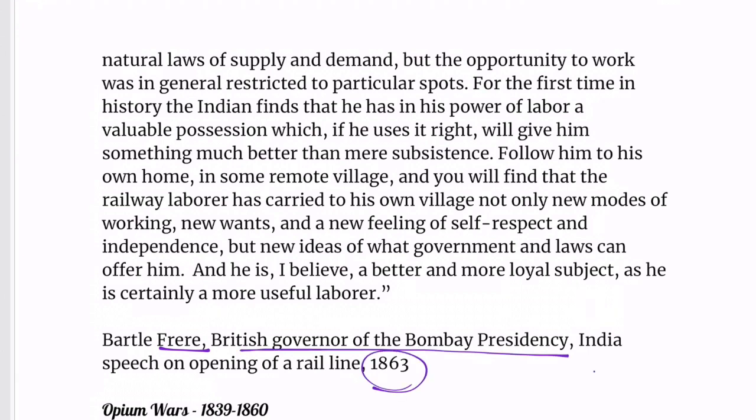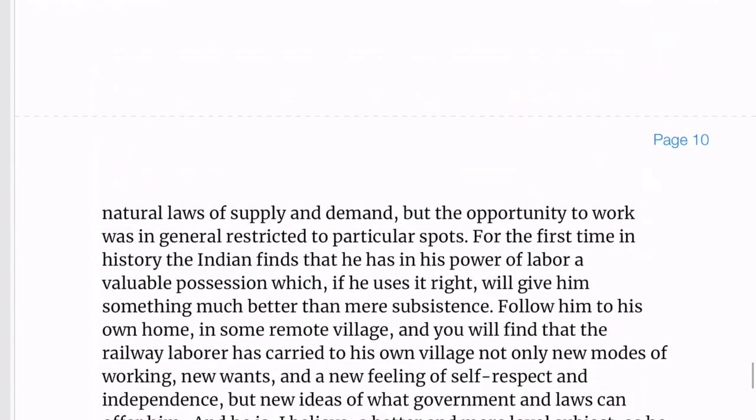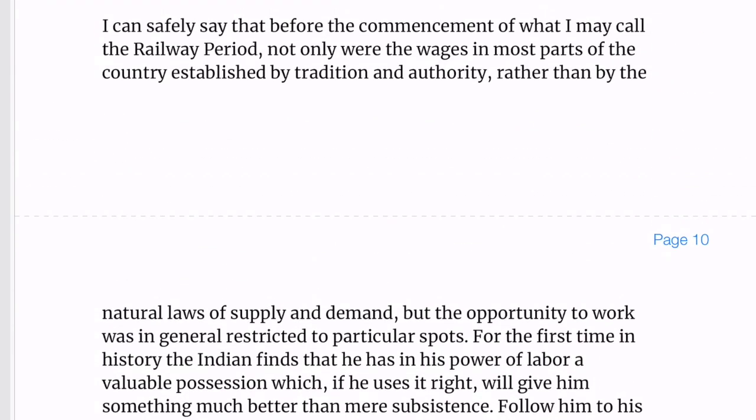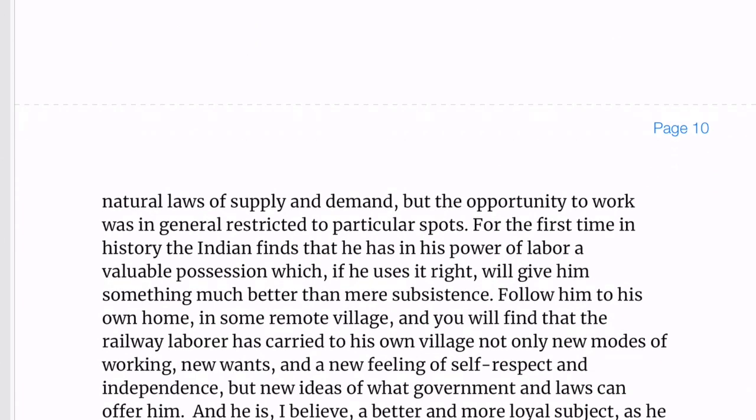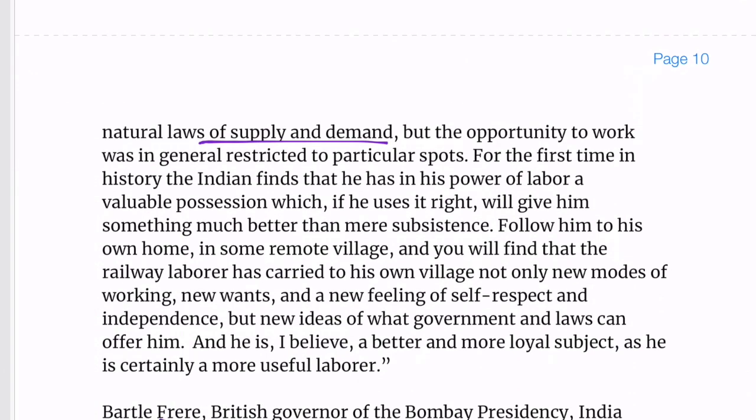about the railway, and it's a speech opening the railway in 1863. And it says, I can safely say that before the commencement of what I call the railway period, commencement just means start, not only were the wages in most parts of the country established by tradition and authority, rather than by natural law of supply and demand, but the opportunity to work was in general restricted to particular parts.